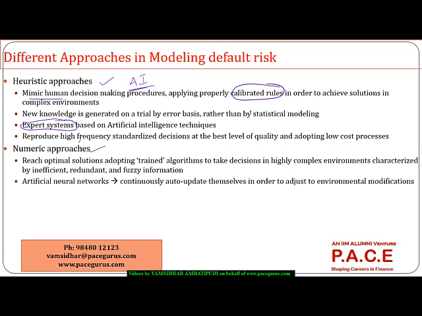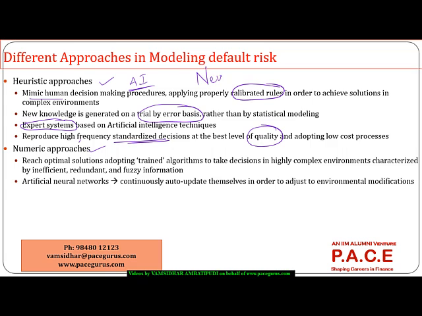Just like human beings make decisions, the heuristic approaches also make appropriate decisions, and new knowledge is generated purely on a trial and error basis, just like human beings do. So it's not based on statistical models. Mostly high frequency standardized decisions are reproduced at the best level of quality with low cost processes. That's the typical way heuristic approaches come into the picture.